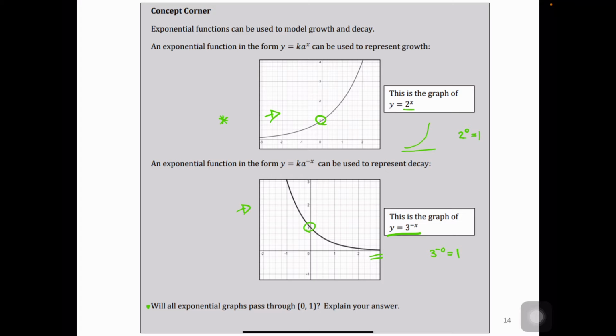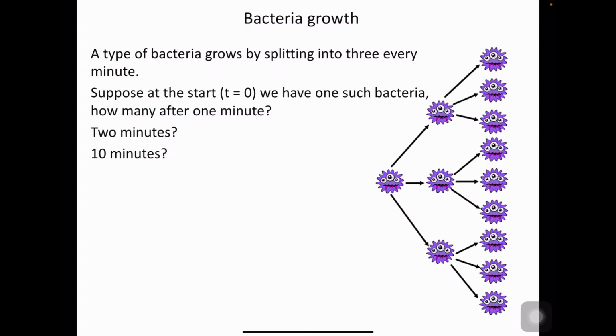Other examples, what's 9 to the 0? It's also 1. What is 21 to the 0? It's also 1. So anything to the power of 0 is 1. So yeah, exponential graphs will pass through 0, 1, unless of course they've been transformed.